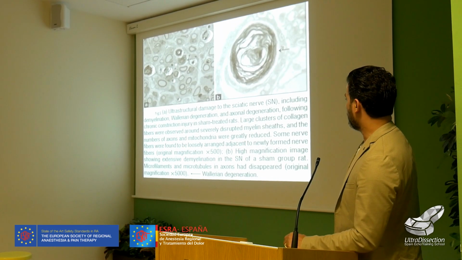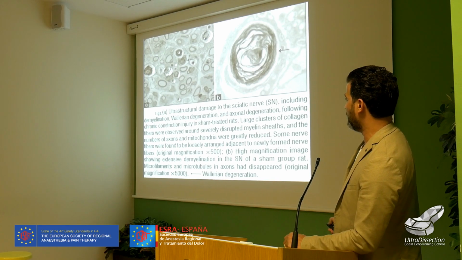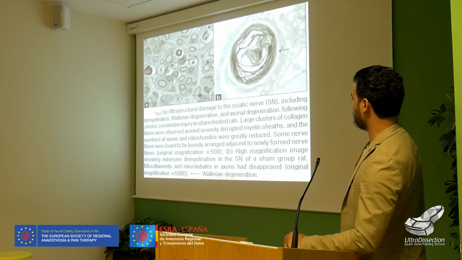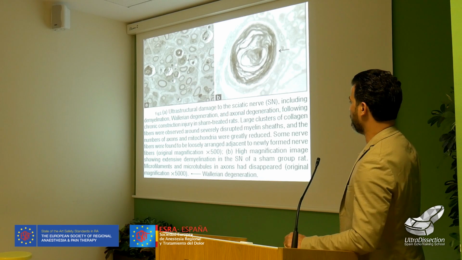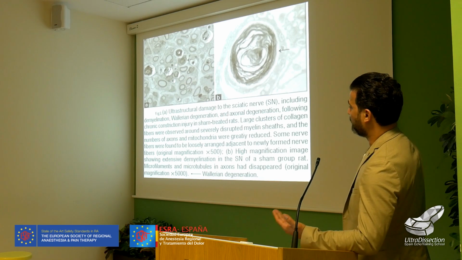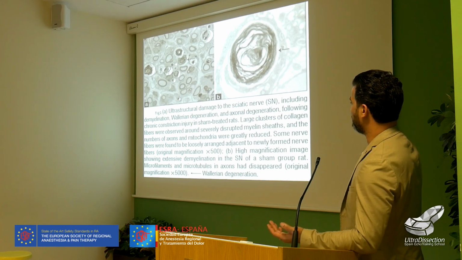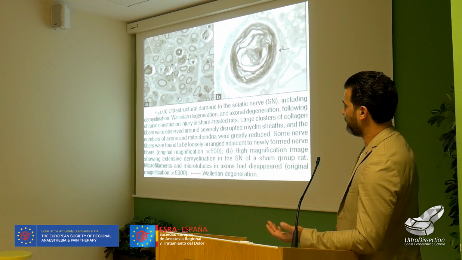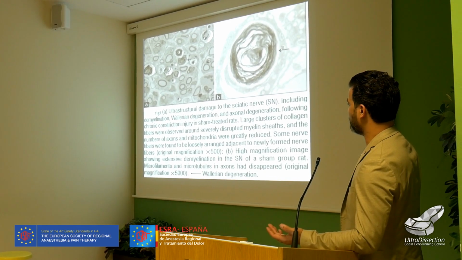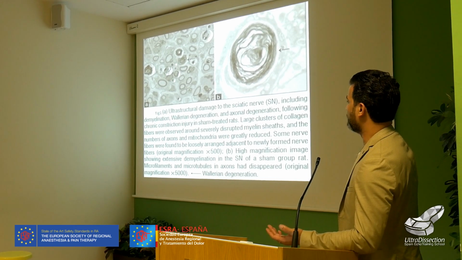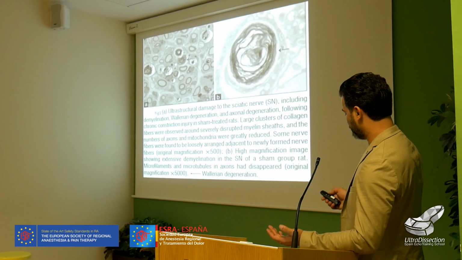Here you can see large clusters of collagen around the severely disrupted myelin sheath, and the number of axons and mitochondria were greatly reduced. This is the damaged sciatic nerve, the nerve injury: large clusters of collagen fibers and a disrupted myelin sheath, with greatly reduced numbers of axons and mitochondria.